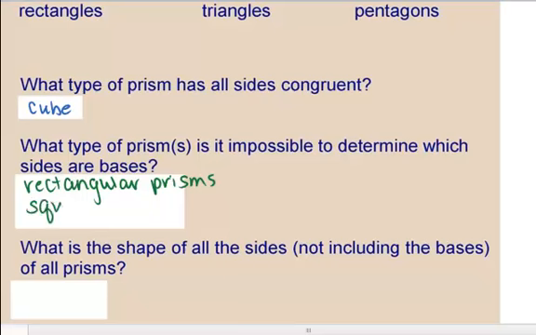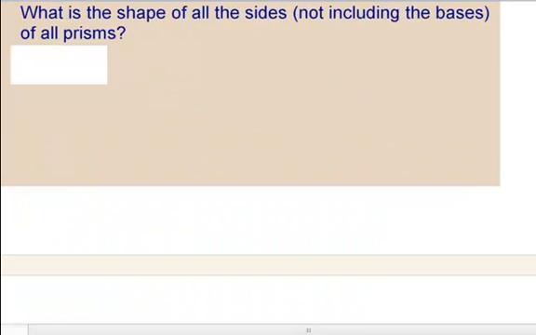A square prism. A square prism has 2 bases that are squares, but the sides are rectangles. And then we have a third type. What was that? A cube, right? So a cube is also a type of rectangular prism.